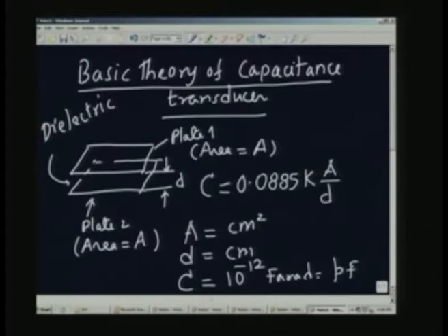This formula is adjusted such that you get the result if you substitute area in square centimeters and the distance between the two plates in centimeters, and there is an extra term here. This is called the dielectric constant.